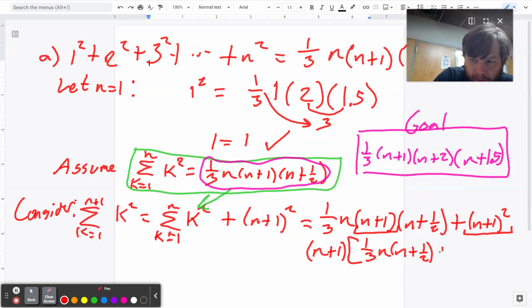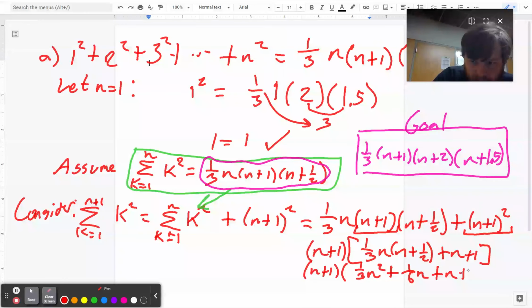The right term has remaining an n plus 1. Okay, I don't see anything fancy, so we're just going to multiply out this inner expression. So we have n plus 1, and now we'll go 1/3 n squared plus 1/6 n plus another n plus 1.